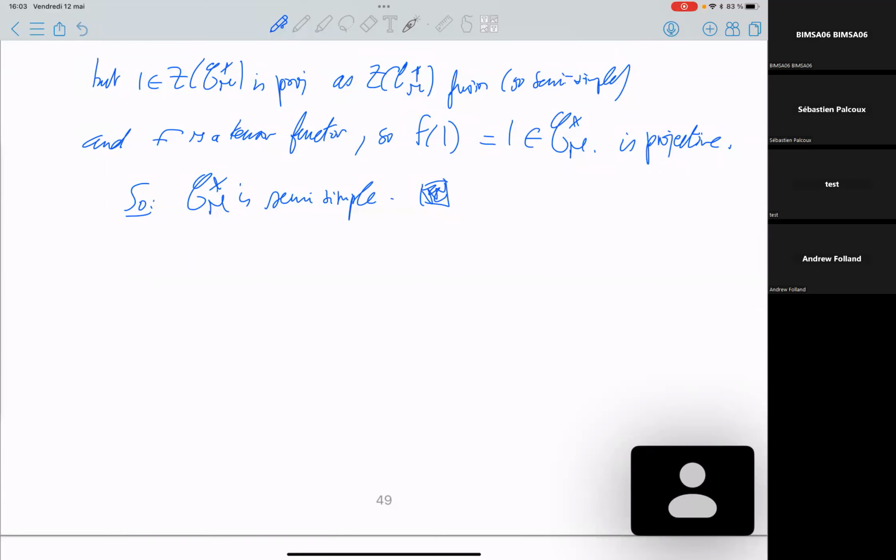Okay. So now what about the dimension of the center?